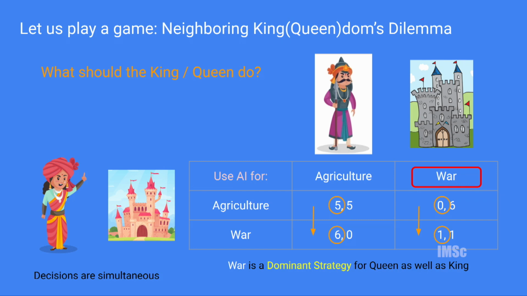You can also compare this number 5 with 6, because if player 1 is playing agriculture, player 2 can choose between these two things, and clearly war improves, and if it chooses war, this strictly improves. While defining dominant strategy, we are defining for each player, but we want it to be true for all the players. So every time there is a dominant strategy, it will be present for all the players. Right, very good question.